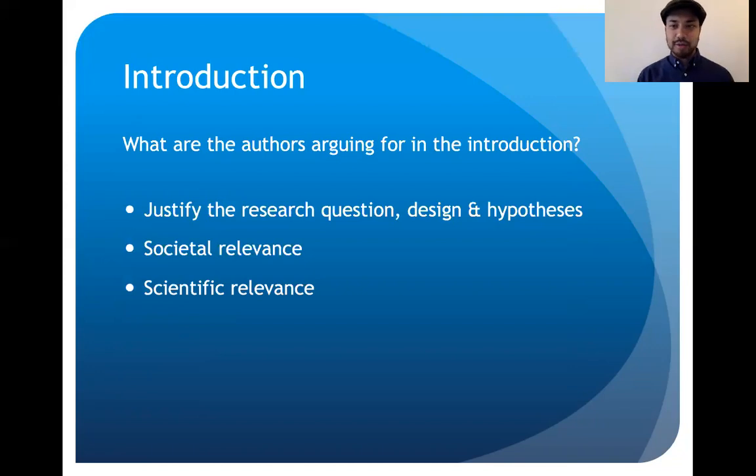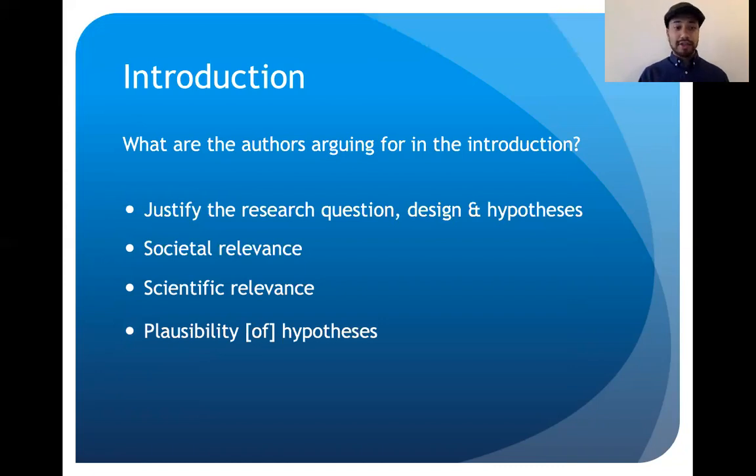You also have the scientific relevance, which says, we have this body of knowledge and we know all these things about this phenomenon, but there's this one thing that we don't know, and it's actually quite crucial. And that's what I'm going to investigate, and I'm going to contribute to the scientific body of knowledge by investigating it. Then there's the plausibility of the hypotheses. You expect a certain effect, right?